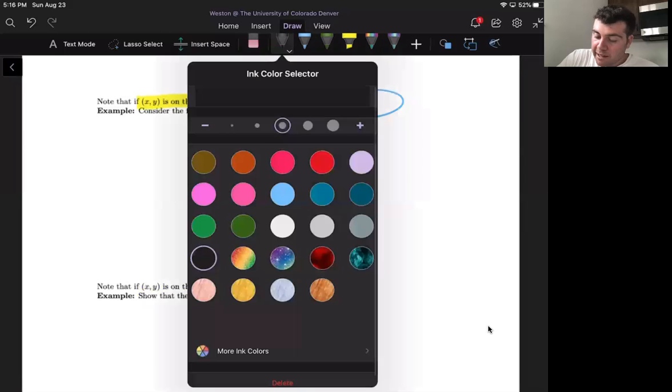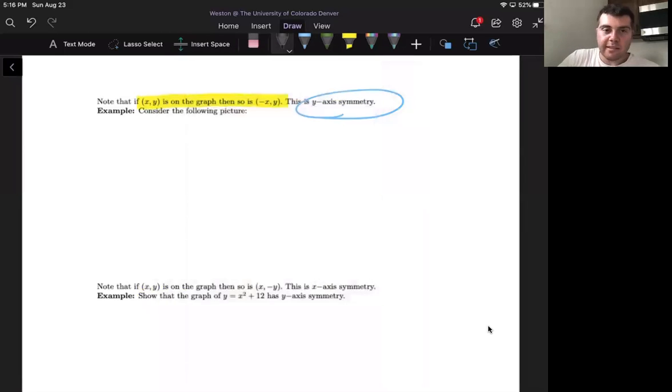Now we'll do a quick example of x-axis symmetry. It's basically the exact same idea, except now we're doing it across the x-axis. So let me just draw a picture. We can have some graph of some function look like this.